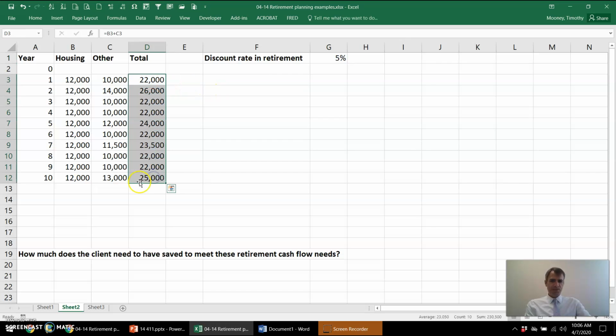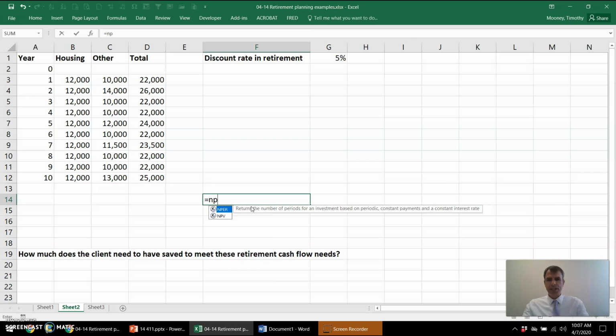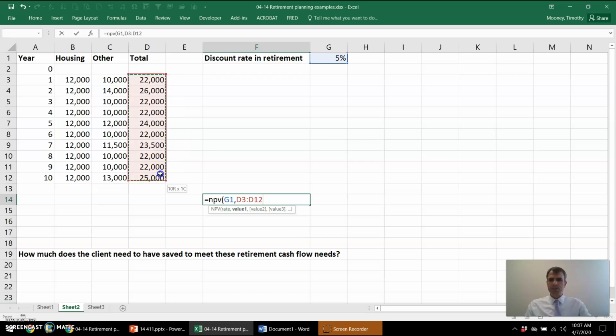And to find the present value of all these cash flows, right? This is not an annuity, so we can't use just the PMT function. But we can find the present value of these using the NPV function. How much do we have to have saved? Well, we could use the NPV function, equals NPV. Discount rate is 5%. That's the first argument. The second argument is all the future cash flows, starting with year one. So this problem is set up to use the NPV function nicely.